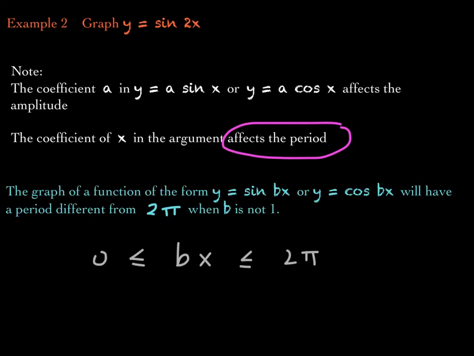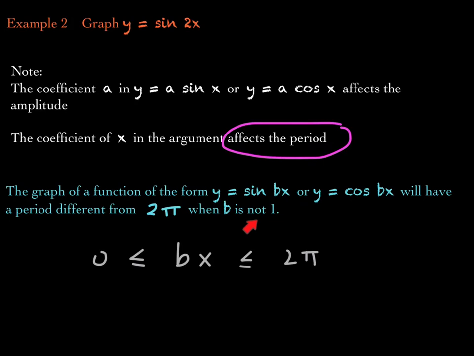So what I'm claiming is that the graph of a function of the form y equals sine of bx, or y equals cosine of bx, will have a period different from 2 pi. The period's going to change. This is true whenever b, the coefficient of x, is not 1.